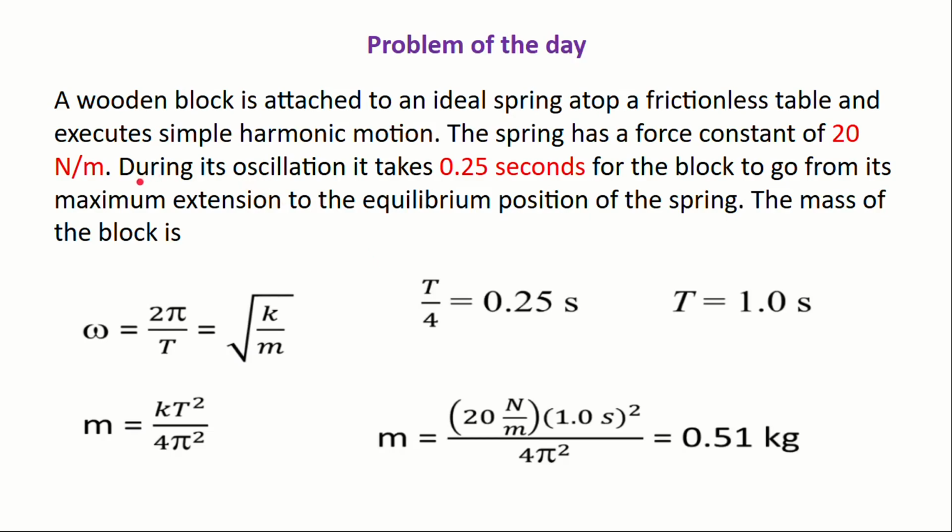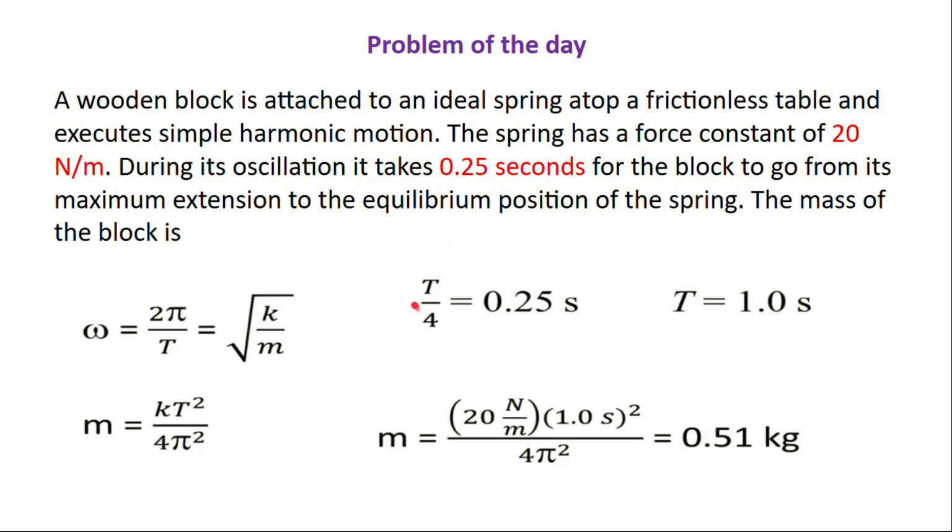So we know that this oscillation takes a quarter of a second to go from maximum extension to the equilibrium position. And what I was mentioning a little bit earlier is if you think about it, we'll be going over a quarter of the period over that 0.25 seconds.